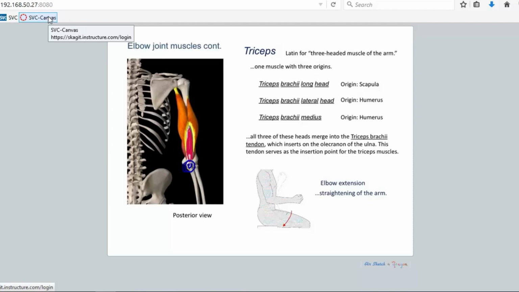Basically this serves as the insertion point for all of these triceps muscles up here. All these triceps muscles merge into the tendon, and the tendon inserts on the olecranon. It crosses the elbow joint. When it contracts, it results in elbow extension.